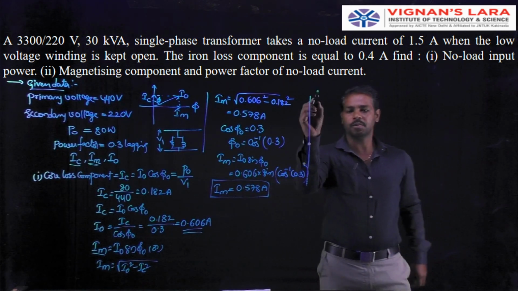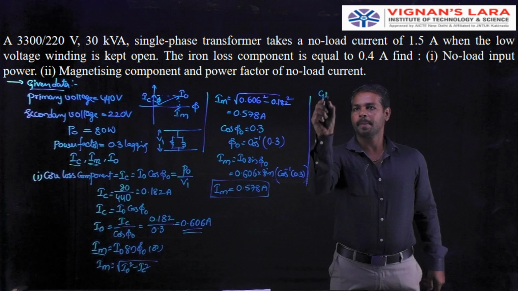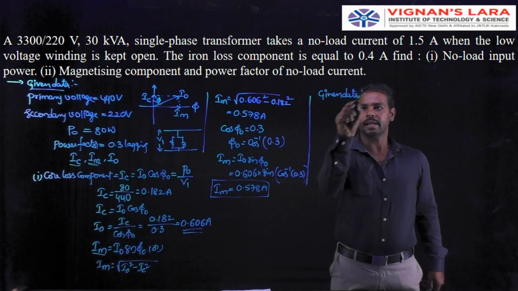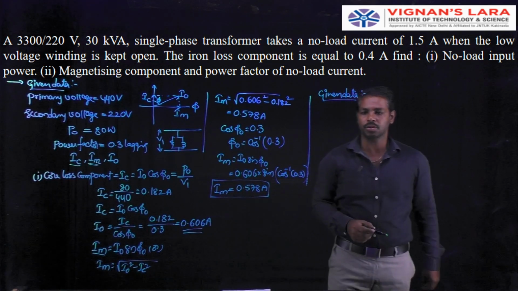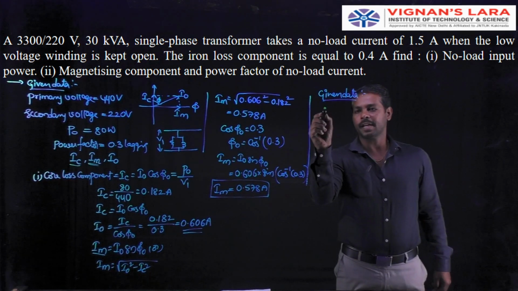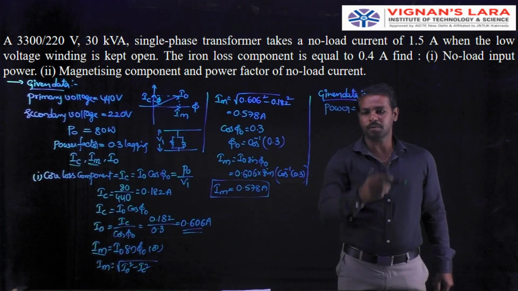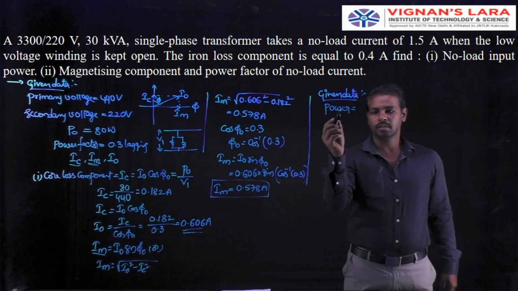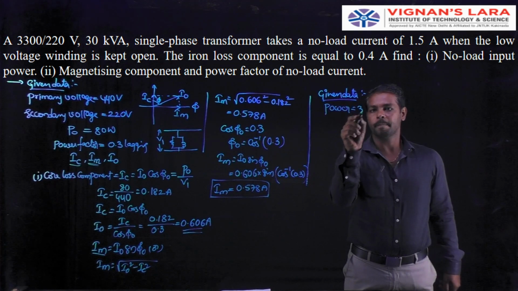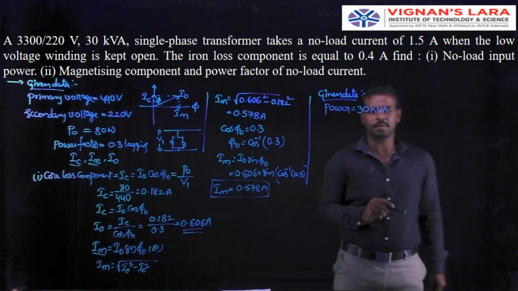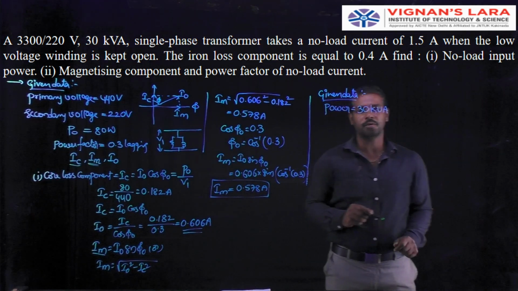So first of all, we are writing the given data. Which is equal to the rating of a transformer, or power, is equal to 30 kVA. So transformer rating is always represented in terms of kilovolt amperes.